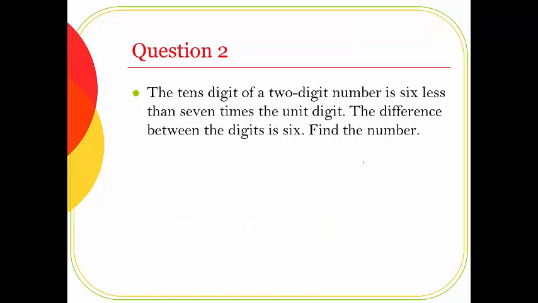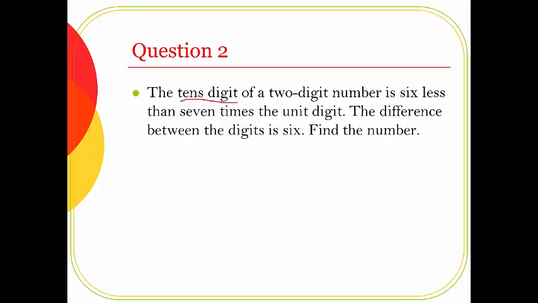Let's look at question 2. The tens digit of a 2-digit number is 6 less than 7 times the unit digit. The difference between the digits is 6. Find the number. Question 2 is also straightforward. What are we looking for here? Let's underline the keywords.